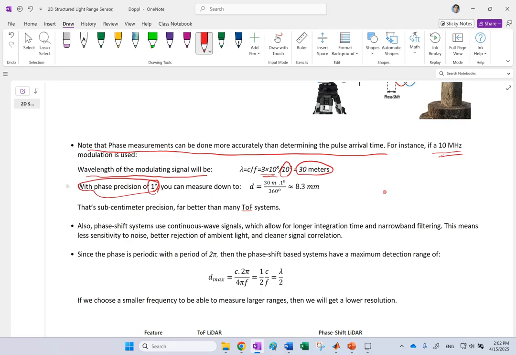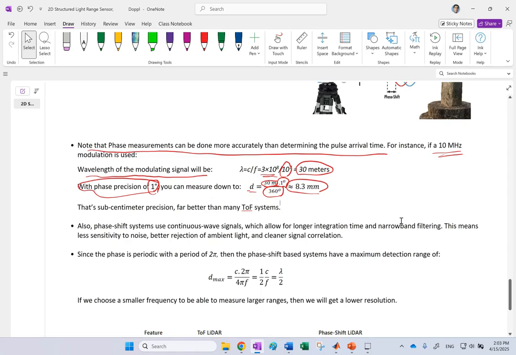Then what is the accuracy I can measure to? Well, it's going to be that 30 meters times 1 degree divided by the whole 360 degrees, the range that phi can be, so the accuracy over 360 times the wavelength, and it is going to be 8.3 millimeters. Do you see that? It is 8.3 millimeters.